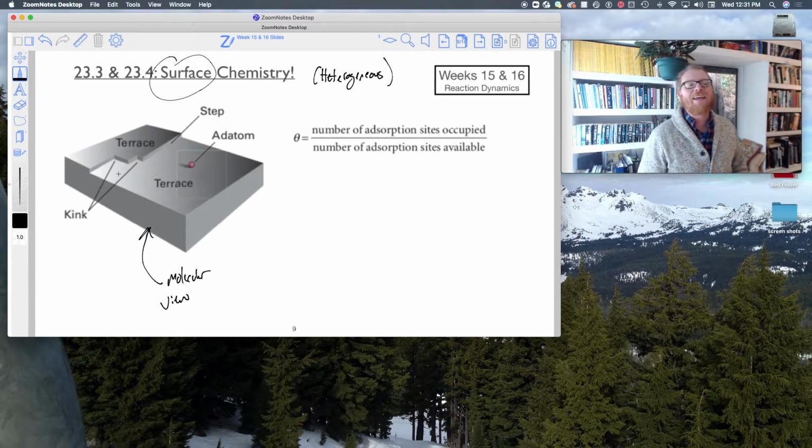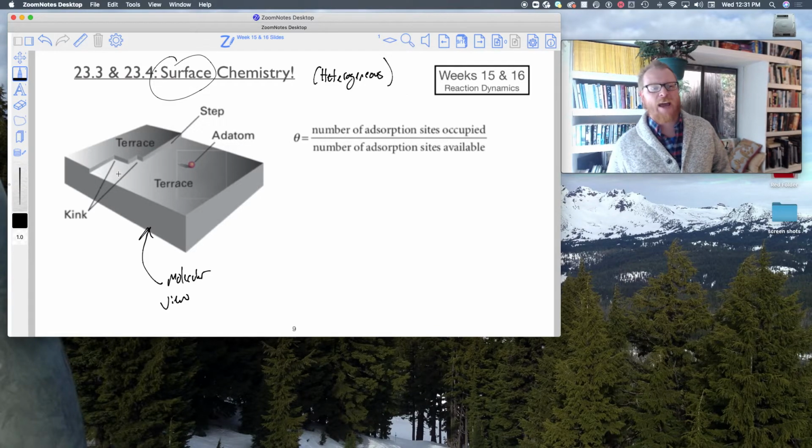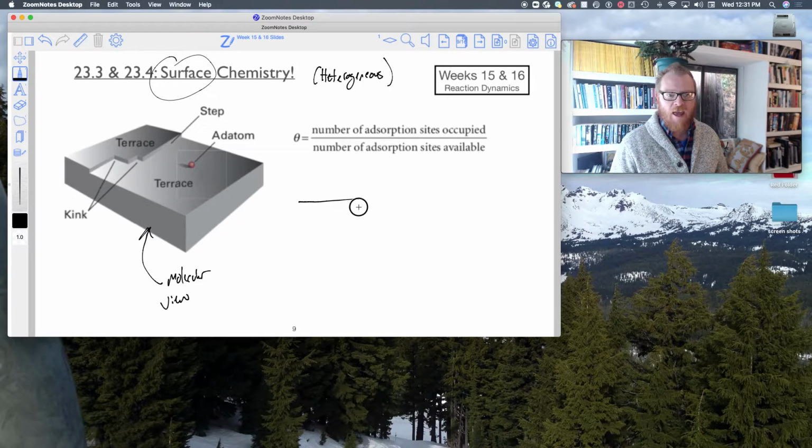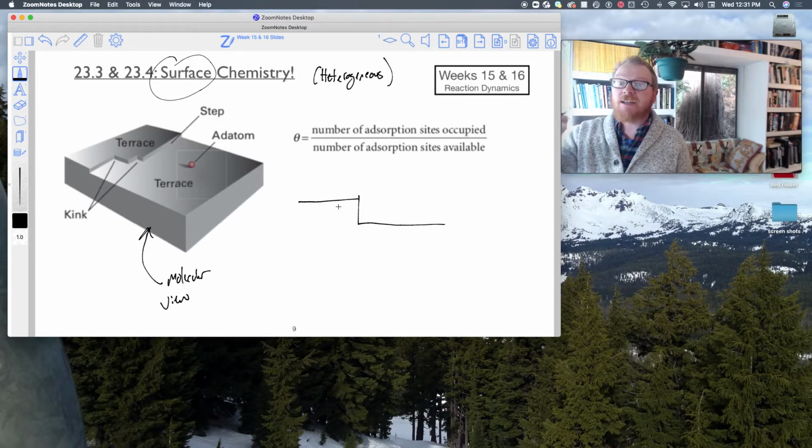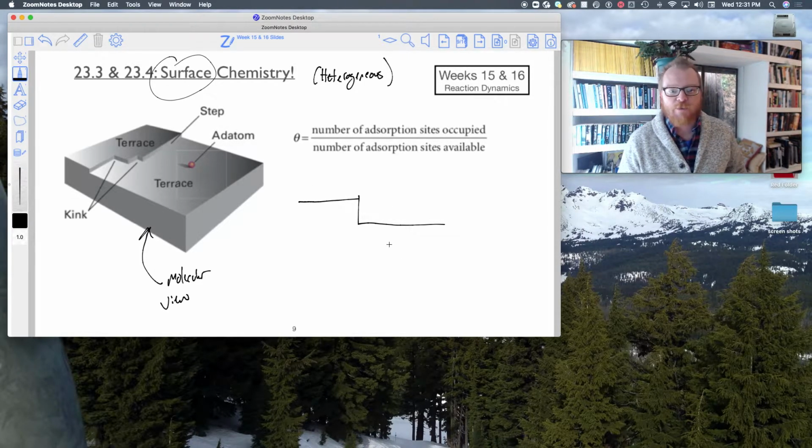There are going to be defects, these surface defects. We call them steps in the case where there's one plane and then another plane. That would be a step. The terrace is what's on top, okay? So the flat part where you have atomically smooth. So when you see a flat line right here, that means it's atomically smooth.